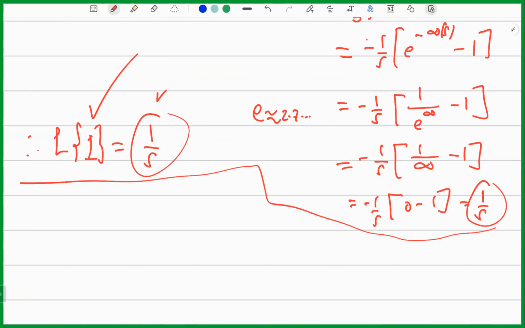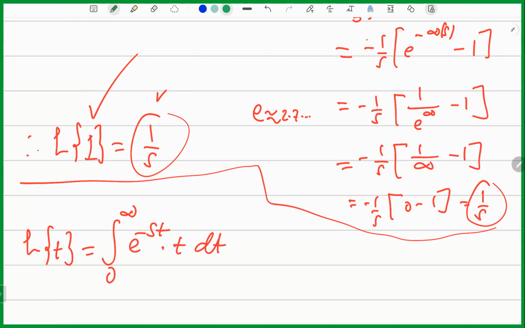Okay, what about some Laplace transforms of this? Let's do the Laplace transform of t. The Laplace transform of t would be the integral from 0 to infinity. You always put e to the minus st, and then the function f, you put it there, dt.